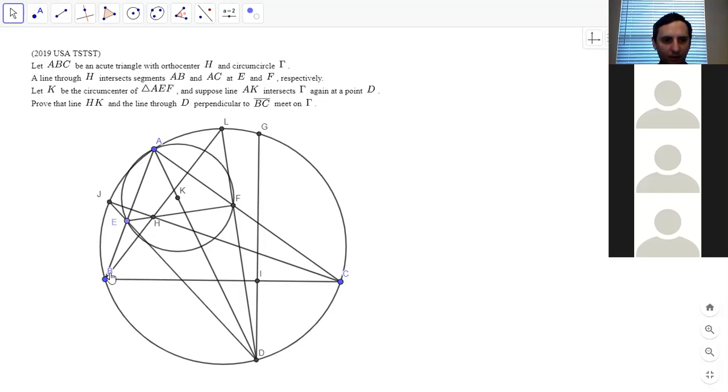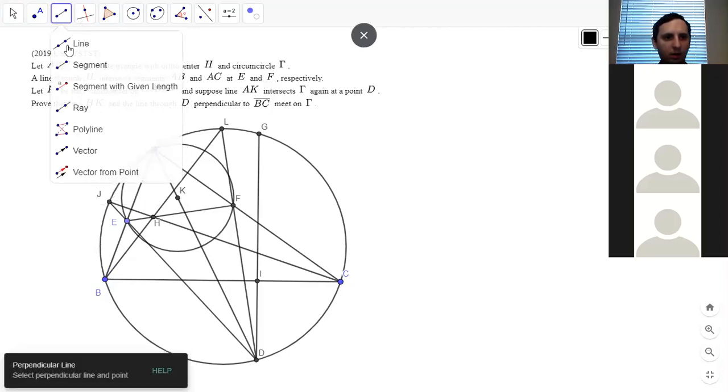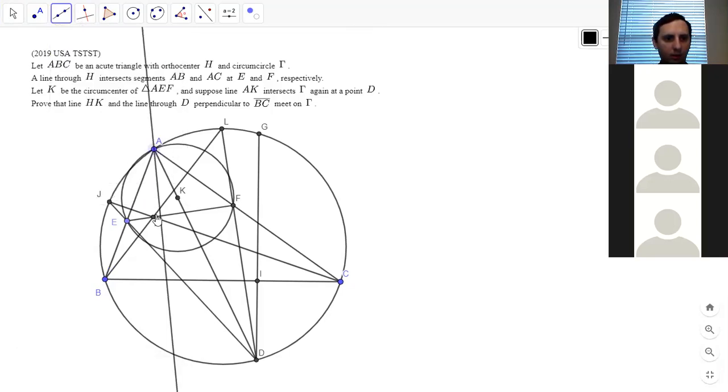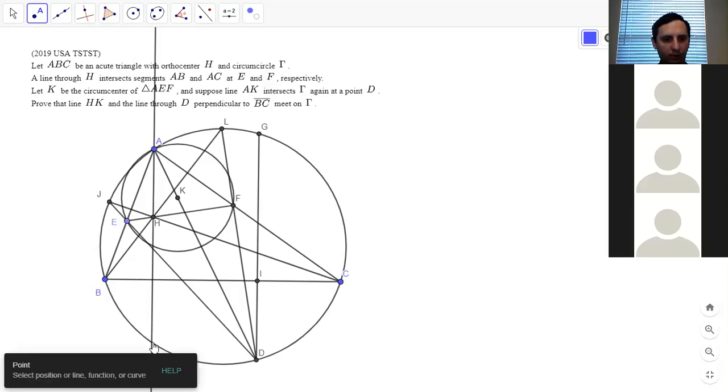You draw the altitude from H, from A? Yeah, okay. I wonder if that's just an angle chase, though.